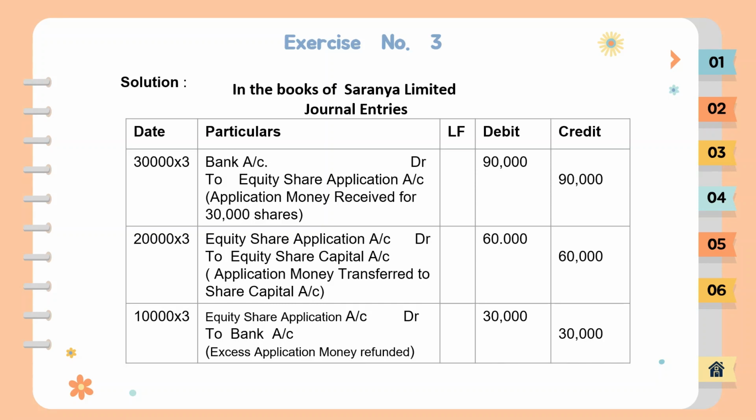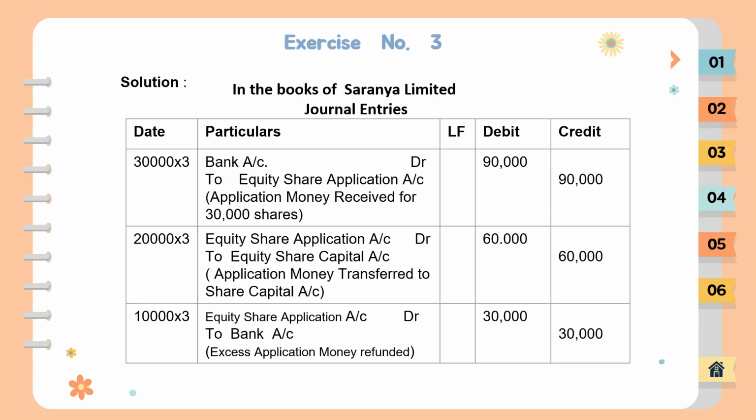First, always remember in oversubscription, the first entry you have to write is for the application money received, including the excess. So for 30,000 shares they have received application money. So first we have to show 30,000 into 3, 90,000, and you should write in the narration that application money was received for 30,000 shares.